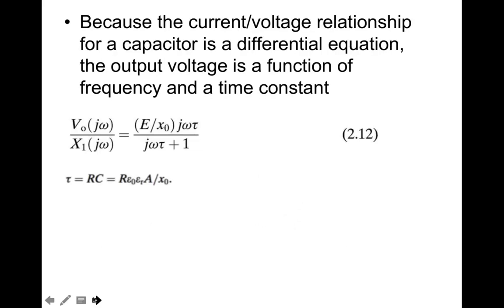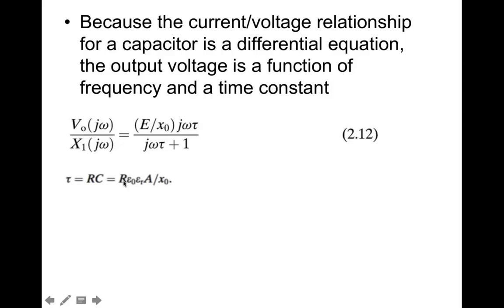Because the current-voltage relationship for the capacitor is a differential equation, when you calculate the output voltage, you basically get a function of frequency and a time constant. So you have the applied voltage, E, you have x sub 0, your spacing, and then you have j omega tau over j omega tau plus 1. This is how your voltage to displacement function looks, where tau is a constant.